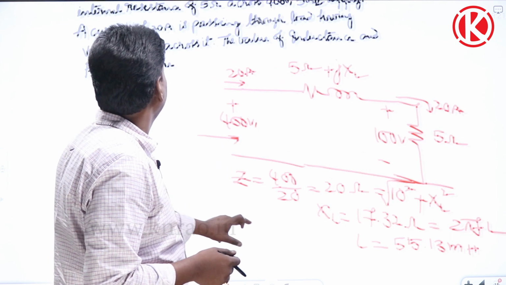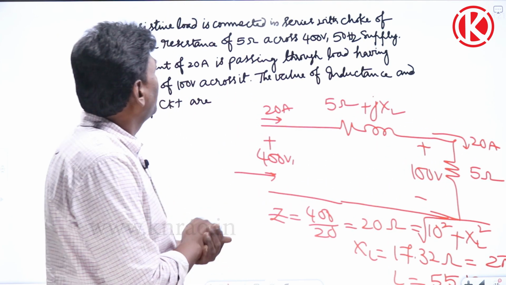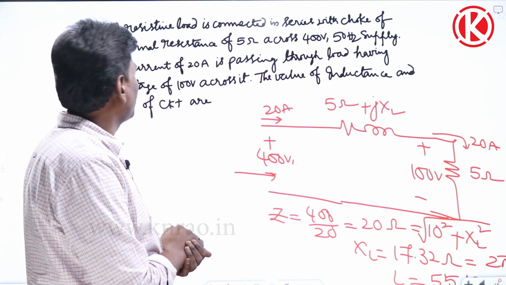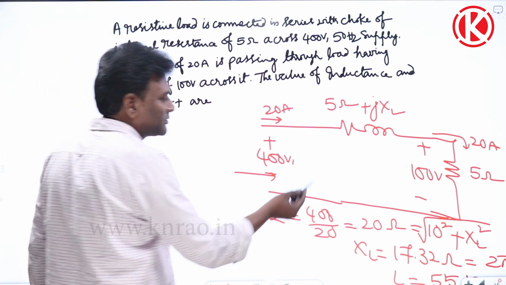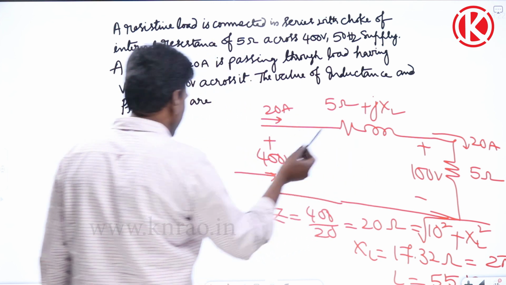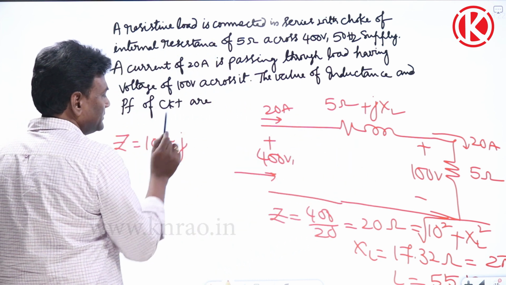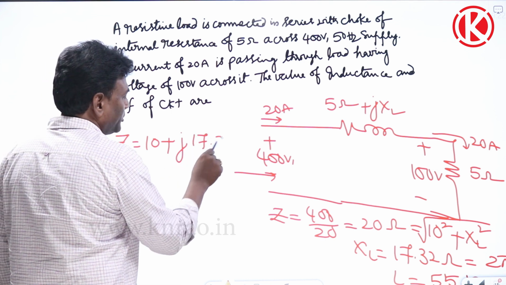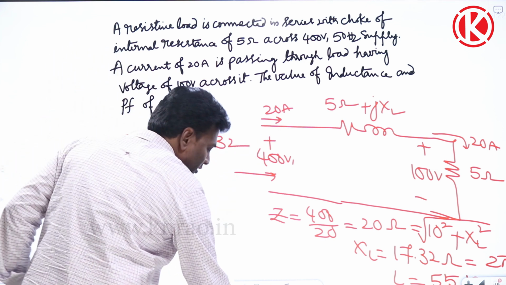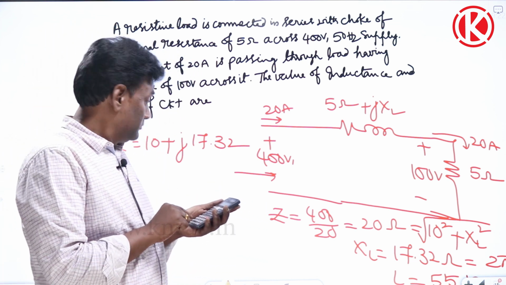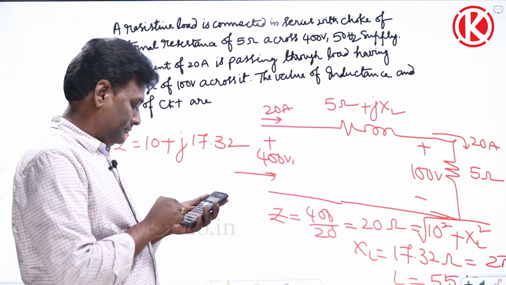Now this is the L value we found. What else did they ask? The value of inductance is over, and the power factor of the circuit. What is the power factor of the circuit? The X value we already know is 17.32. So the total impedance value is going to be 10 plus j17.32. Calculate the angle of this and calculate the cos of that, and you are going to get the power factor.